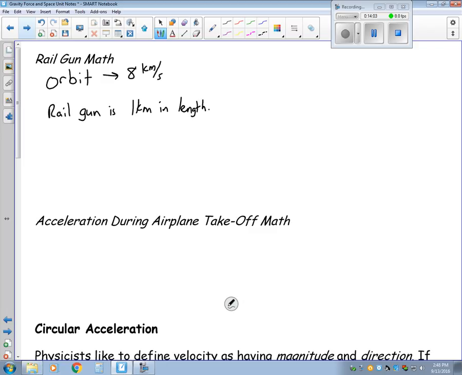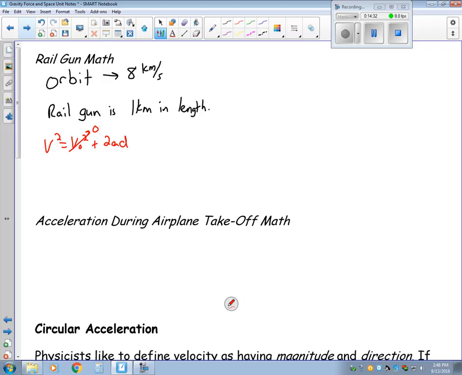So we have a formula that looks something like this, where the final velocity is v, the initial velocity is v naught, 2, and then the acceleration and the distance. So looking at this, the initial velocity would be 0, the final velocity would be 8 kilometers per second, and we know the length.